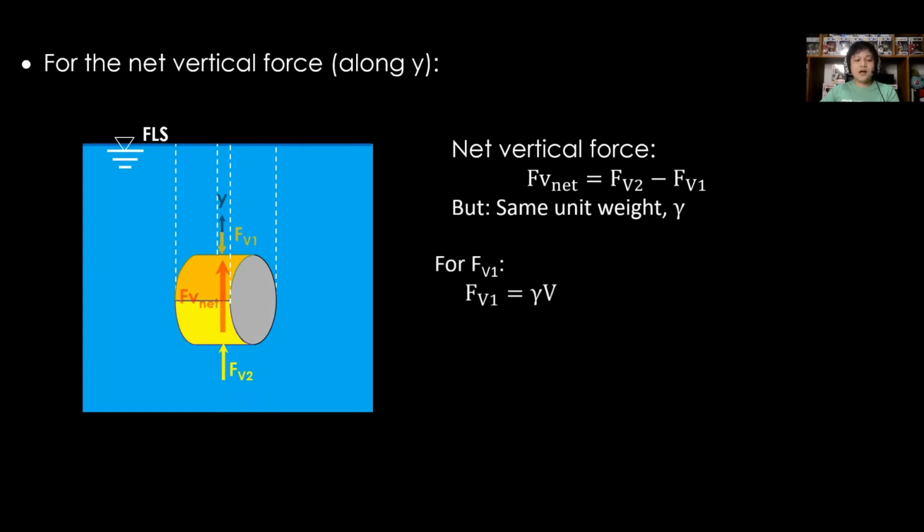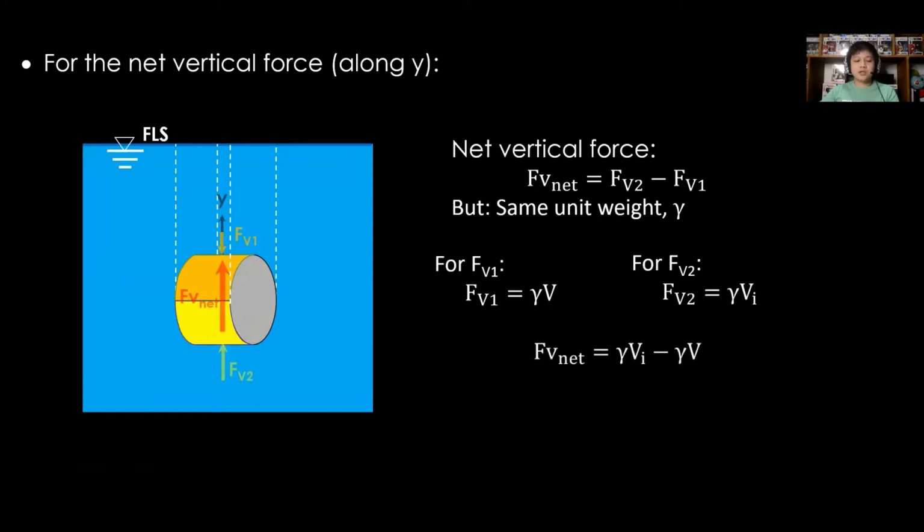So for our FV1, it is equal to the gamma times the volume above the curve. While for FV2, it is equal to the gamma times the imaginary volume of fluid above the curve.